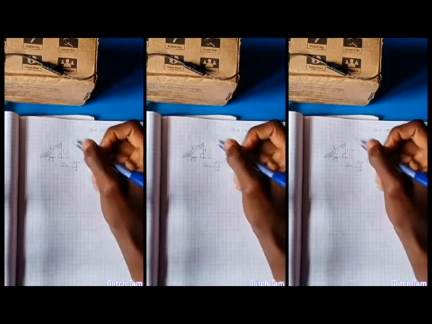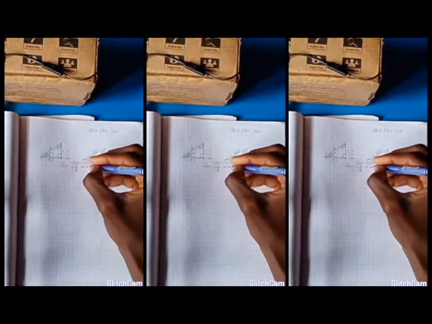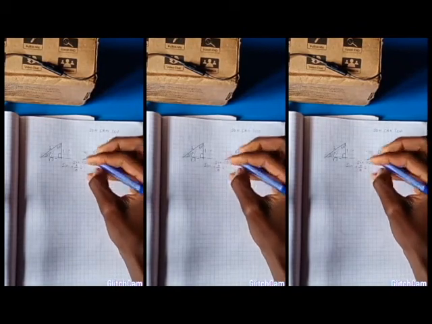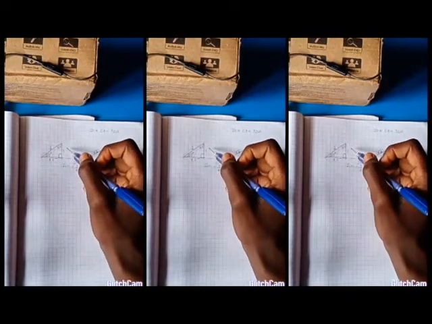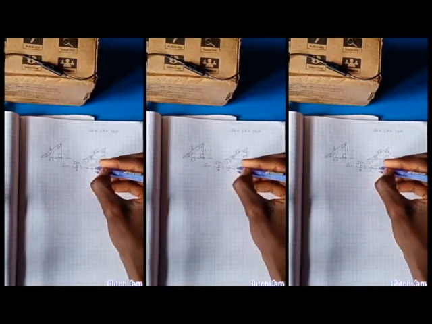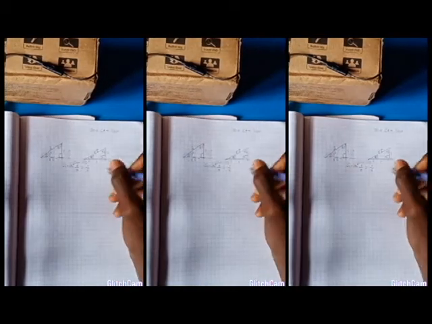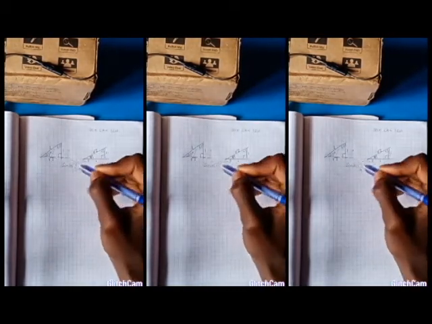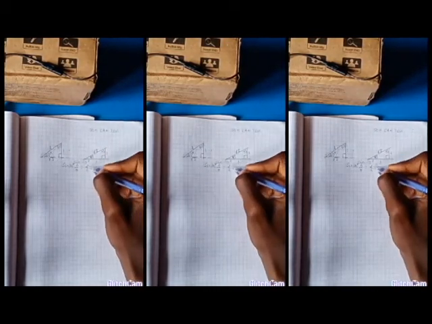The opposite of 30 degrees is 1, and the hypotenuse is 2, which means the exact value of sine 30 degrees is 1/2, and we solved it.